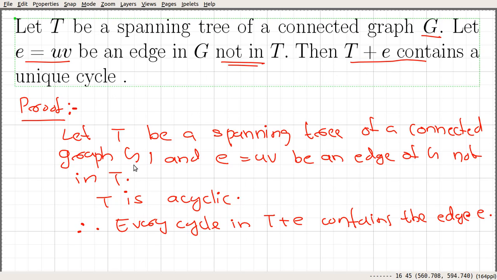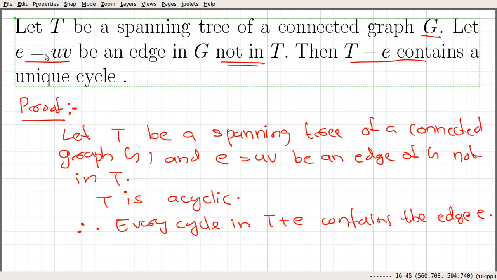Since every cycle in T plus E contains the edge, there is a one-to-one correspondence between the cycles in T plus E and a path from U to V.